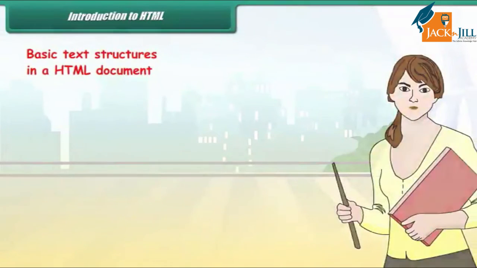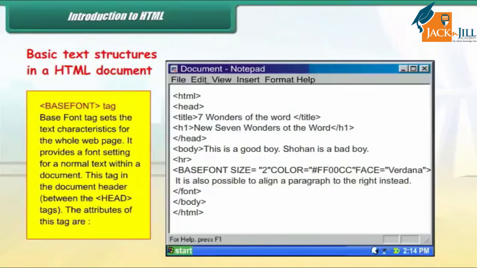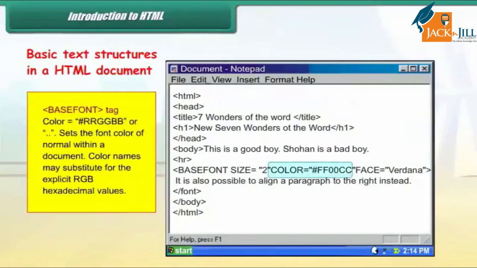Base font tag. The base font tag sets the text characteristics for the whole web page. It provides a font setting for normal text within a document. This tag goes in the document header between the head tags. The attributes of this tag are: color. Sets the font color of normal text within a document. Color names may substitute for the explicit RGB hexadecimal values.